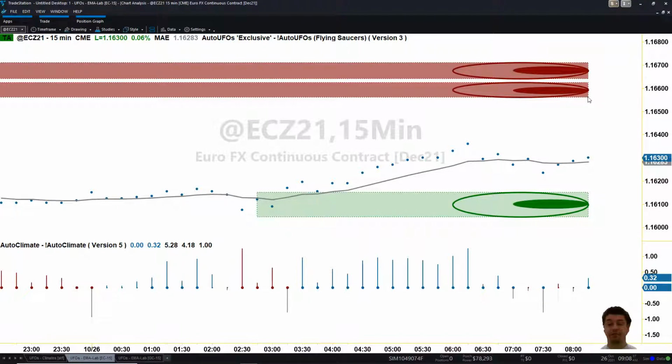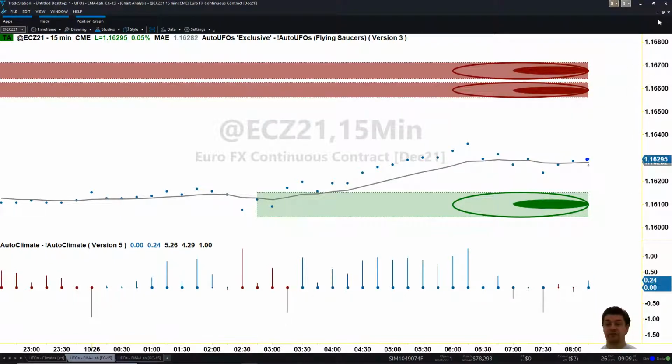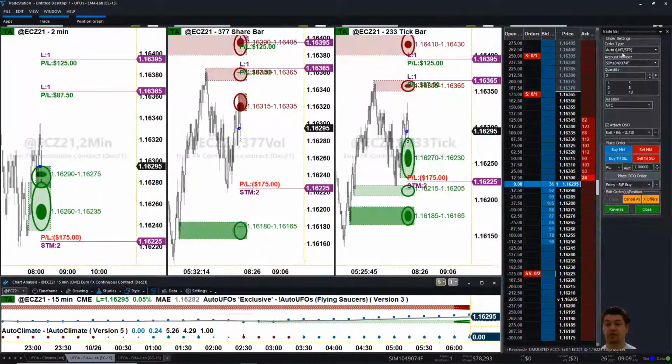The first opposing UFO is the one over here with an end price of 166.625 and a beginning price of 165.60. So since we're going long, we need to give it the earliest time out of there, which would be 165.60. So 165.60 would be our target, and looks like we got filled.